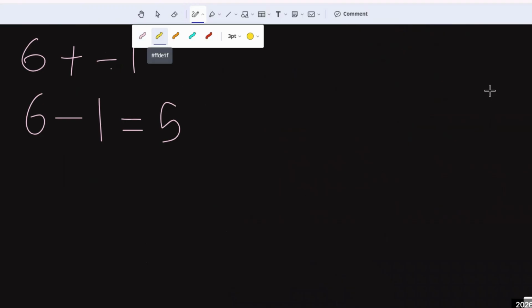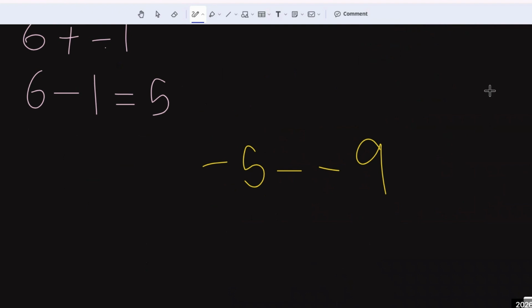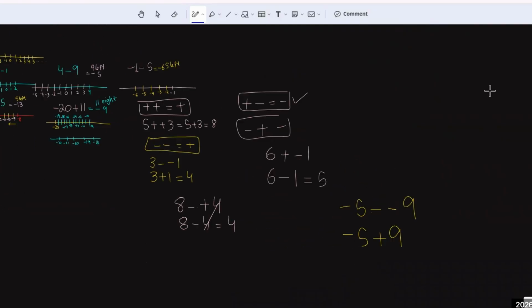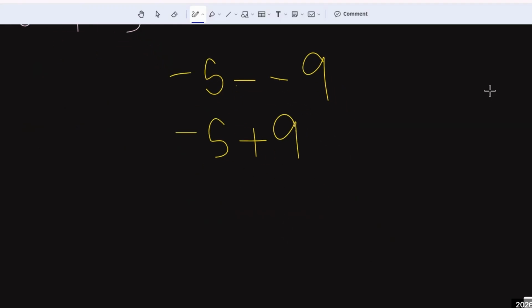Okay. Hope you understand. Let's try this question: minus 5 minus minus 9. Whenever you have the same sign, minus minus becomes plus. So it becomes minus 5 plus 9. The first digit is minus 5, so minus 5 is here.